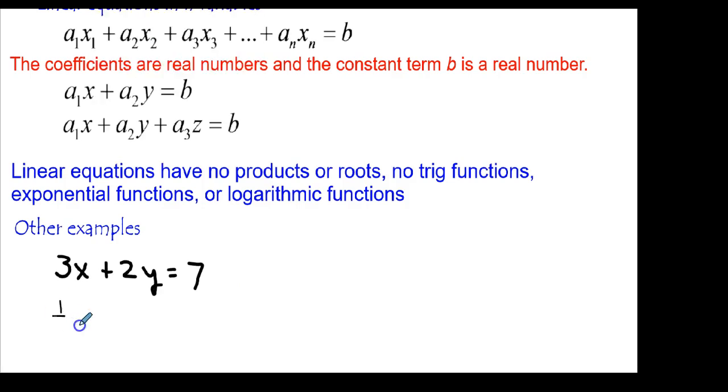Another example, 1/2 x plus y minus pi times z is equal to square root of 2. So this linear equation has 3 variables, x, y, and z. The coefficients are real numbers, and we have a constant, square root of 2.